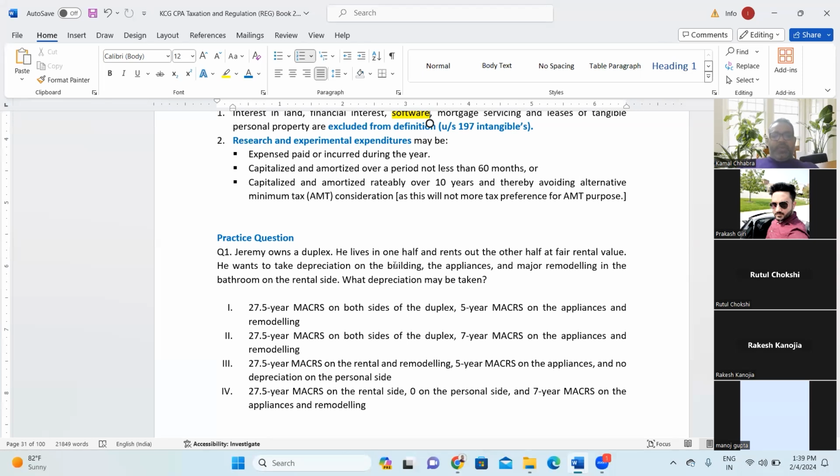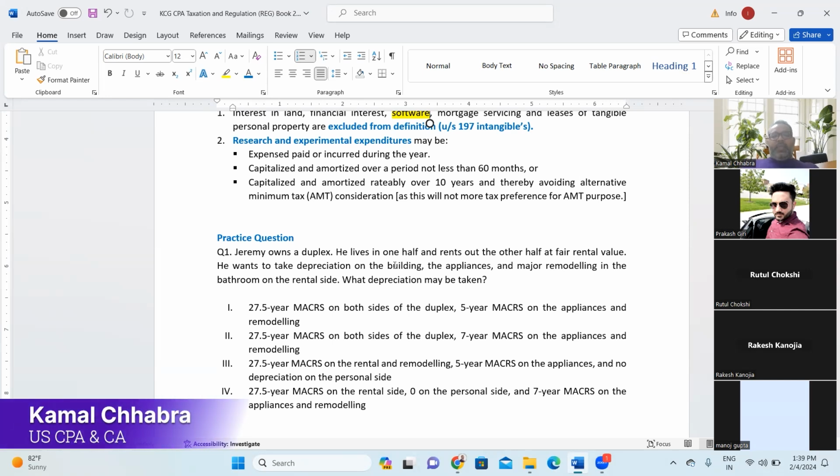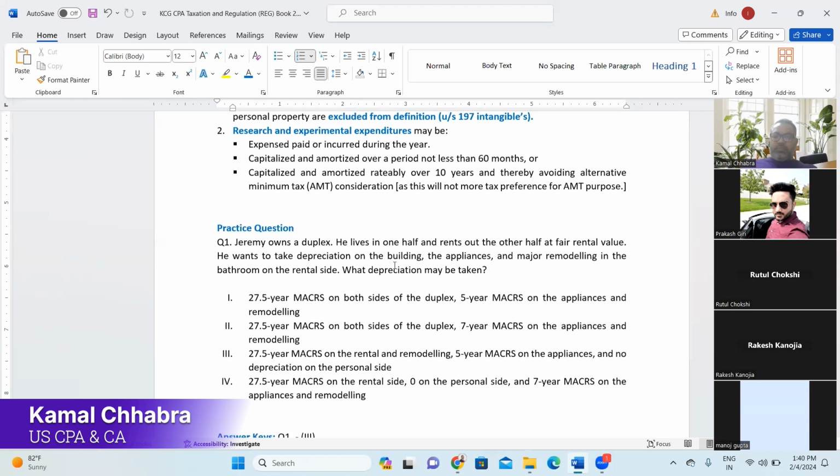So the third option is 27.5-year MACRS on the rental side of the property and remodeling. Remodeling is also part of residential property, right? That is also an important thing. And 5 years on the appliances, right? Make sense? Yes, sir.